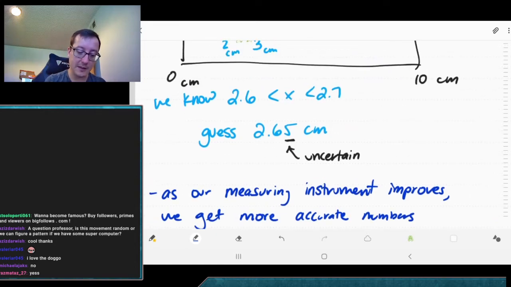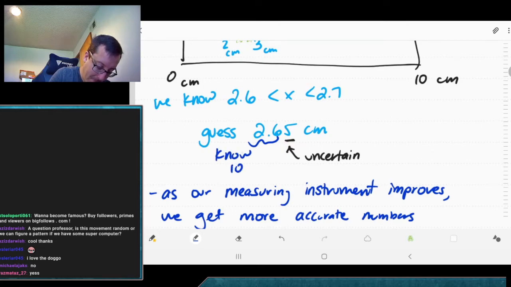We could see on this ruler, we know it's between 2.6 and 2.7. So we know for sure that it's 2.6 something. So we are absolutely confident in our first two numbers, and the last digit there is uncertain. So it's our best guess.